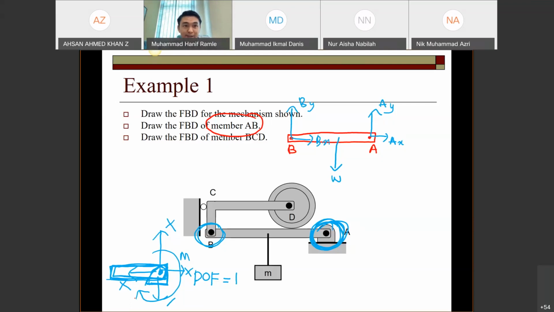A roller at D. So which direction? If you look at this rigid body, you have a touching surface here that touches the roller, the wheel. At this point, how many reactions and what is the direction? The reaction points towards the rigid body AB.